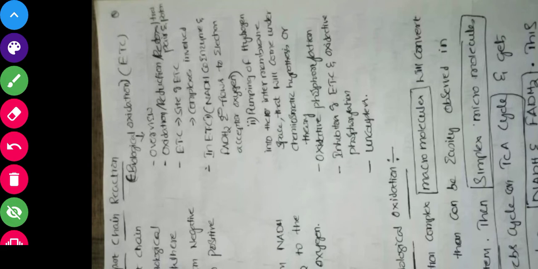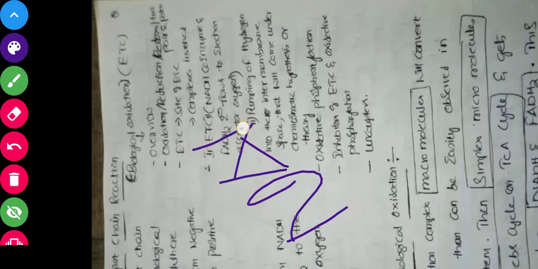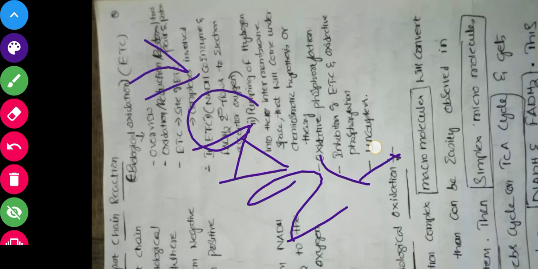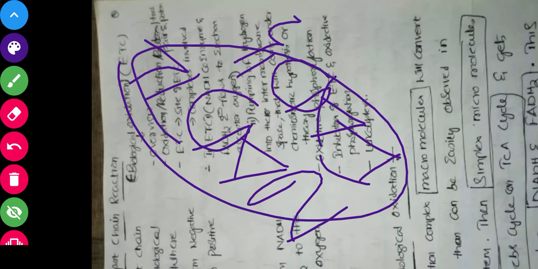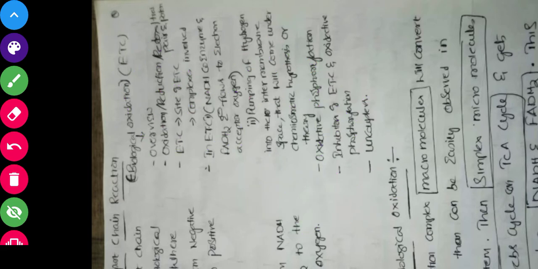In the electron transport chain reaction, the NADH and FADH2, which are synthesized in the Krebs cycle, will enter into the ETC. What is the reason?